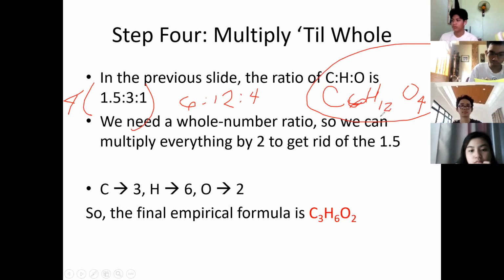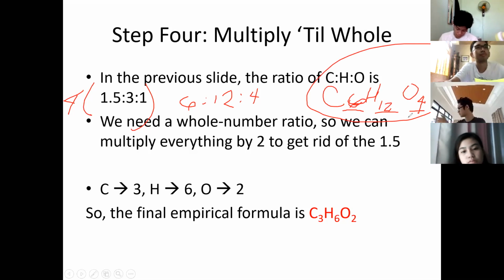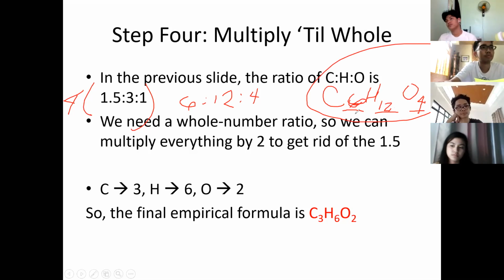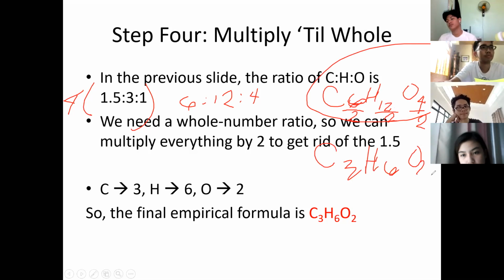An empirical formula should have the subscripts of your elements in the simplest ratio. Since 6, 12, and 4 can still be simplified by dividing by the common divisor 2, we have C3H6O2, which is our answer.